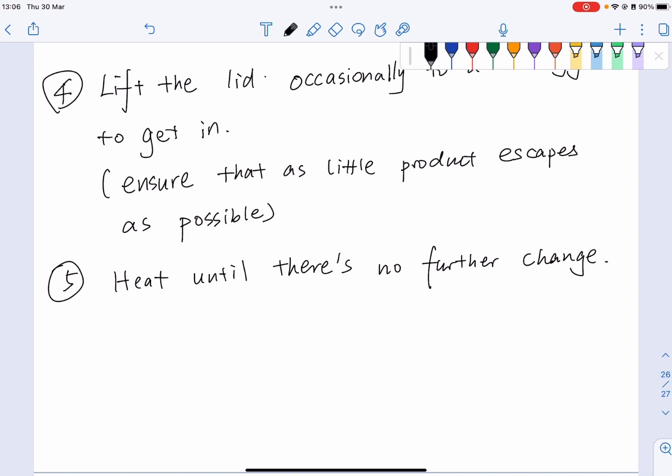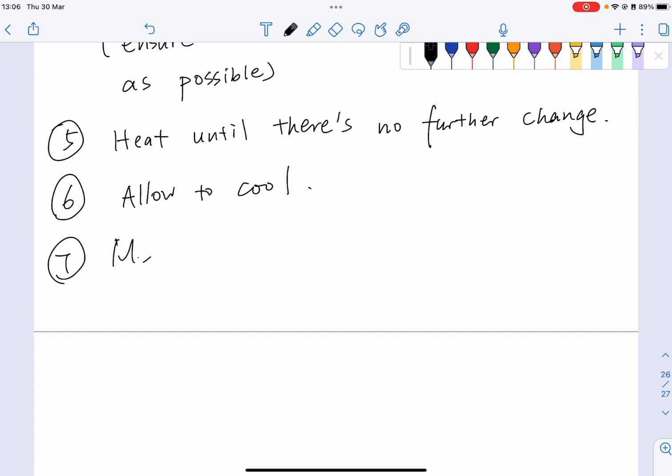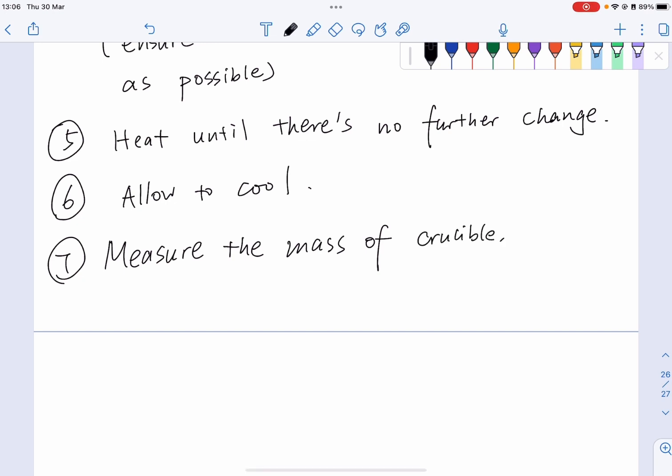So firstly, we allow it to cool down. Allow it to cool, and then measure the mass of crucible, lid, and the product, which is magnesium oxide, right?